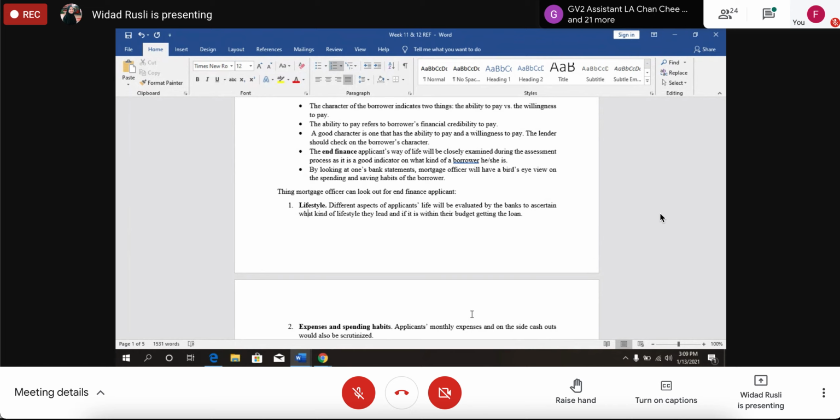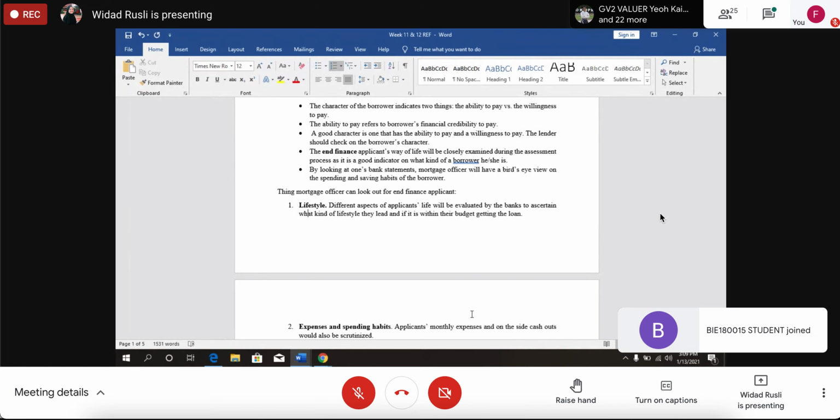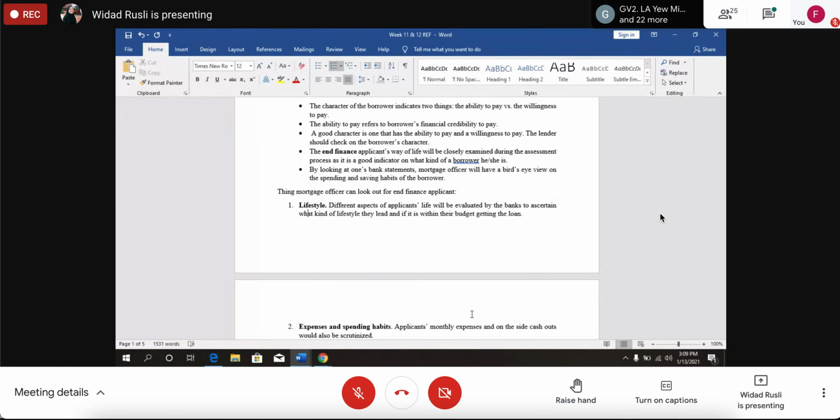Do you think the bank will give you? I'm not very sure about that. So where do you want to get all those things from? From Bank Negara? Do you think Bank Negara will give you? So where do you want to get all those information?